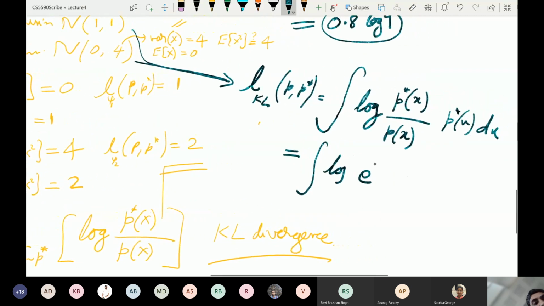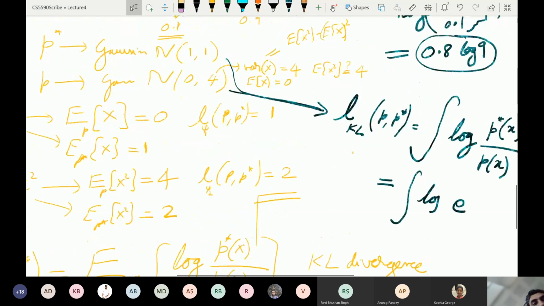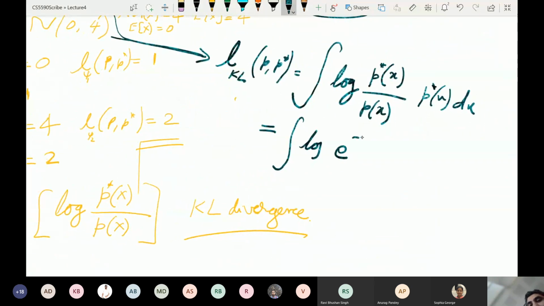It is 1 by root 2 pi sigma square, which is 1, e to the power of minus half x minus 1 square by 2 sigma square, where sigma square is 1, by 1 by root 2 pi sigma square e to the power of minus half x minus 0 square by sigma square, which in this case is 4, so 2 fours are 8.